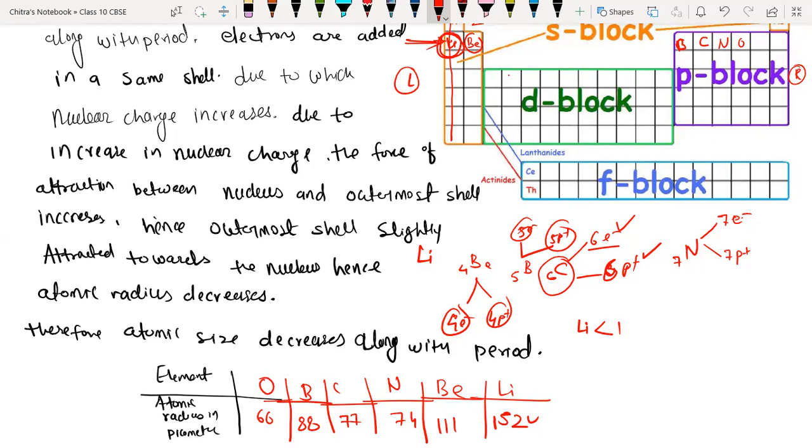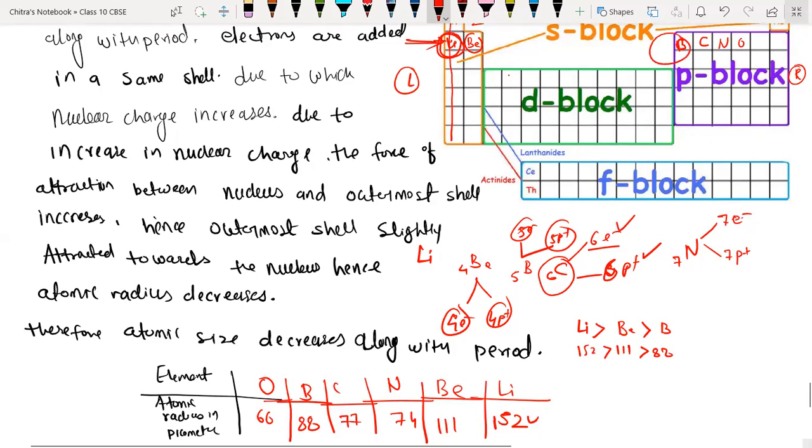Because atomic size decreases, then we have beryllium 111. After beryllium we have boron, 88.